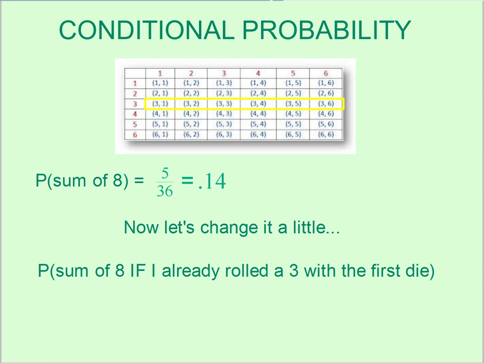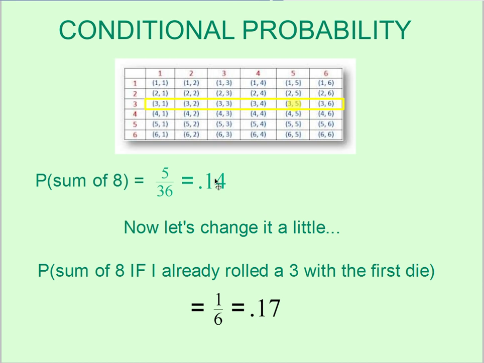If I look at those 6 possibilities and which ones give me a sum of 8, there's only 1. So this means that my probability, instead of being 5 out of 36, is now 1 out of 6, which gives me a 0.17 probability.